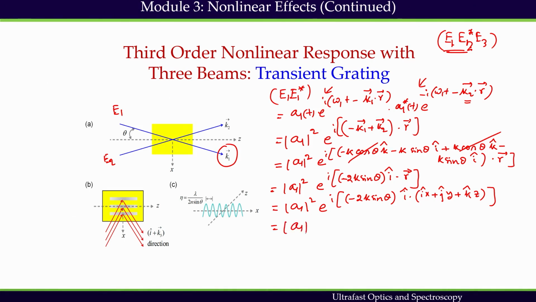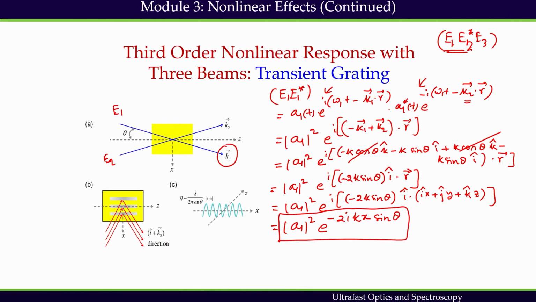That's why we can write this as e to the power minus 2i k x sine theta. So this is the term which we get finally as a result of the product of these two identical beams.